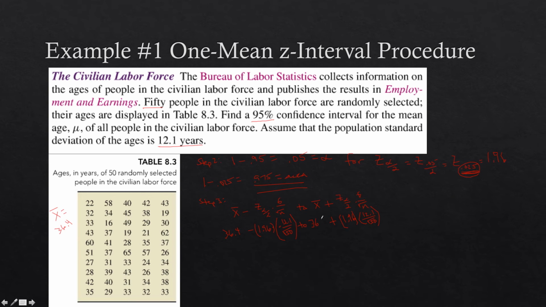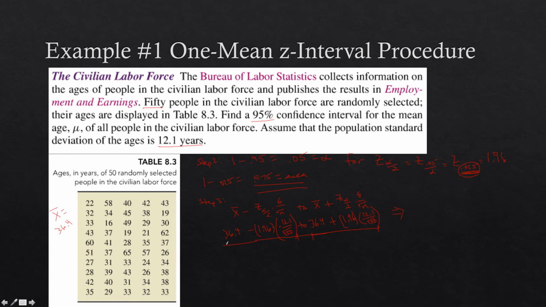Now go ahead and do your math. Punch all this out. And what you're going to get for the left part of the interval, and then from the right part, which starts right here, you'll get a different thing.